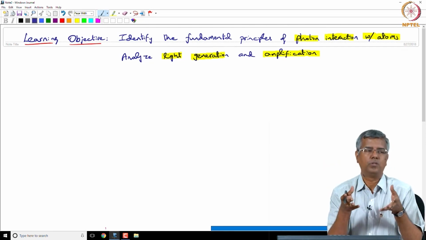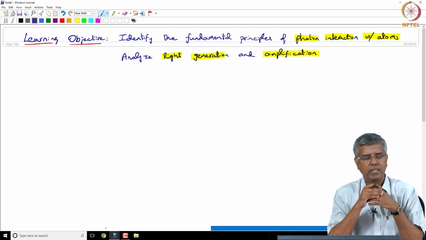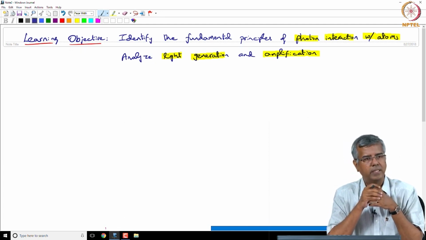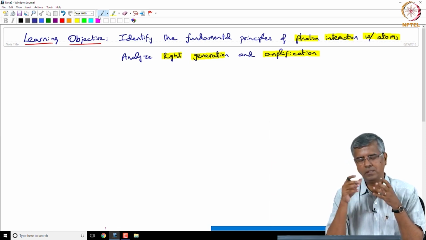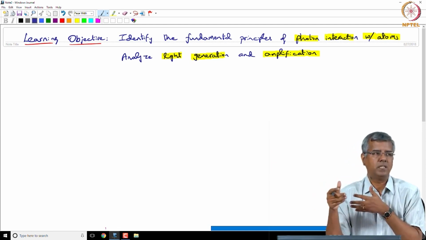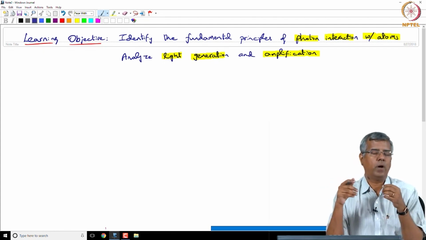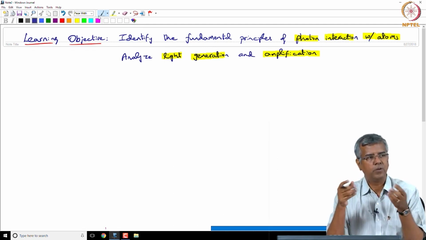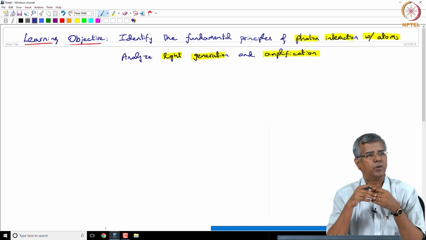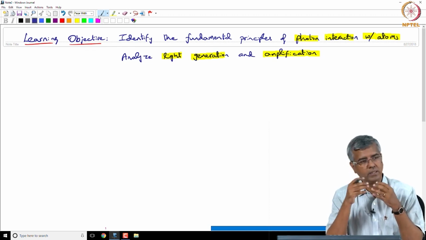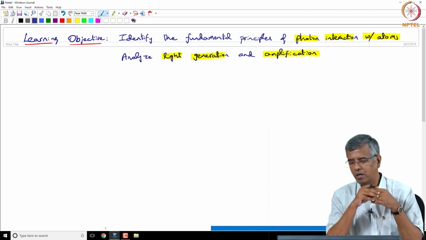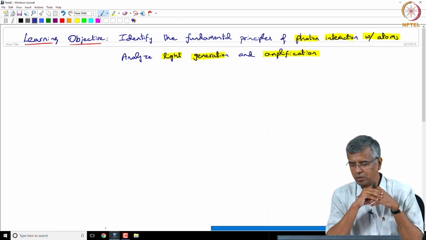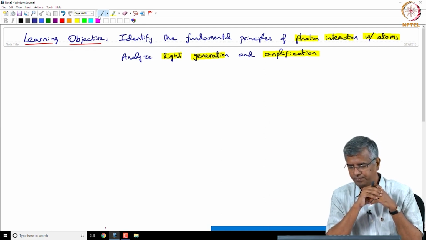Now, how does that source work? Once we understand this, we will be in a better position to understand why certain sources are not so temporally coherent, why others are, and why certain sources are spatially coherent or not.